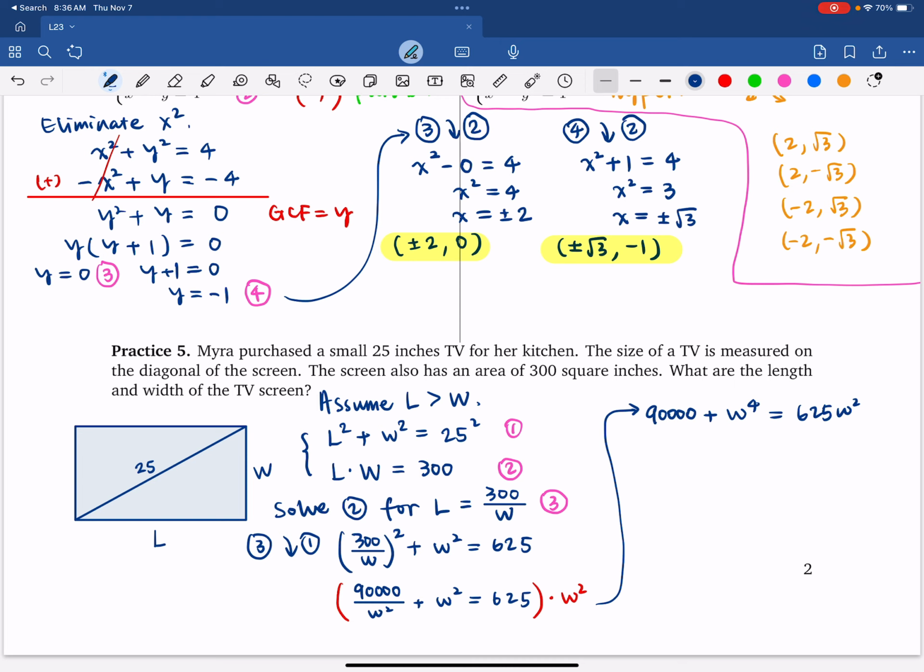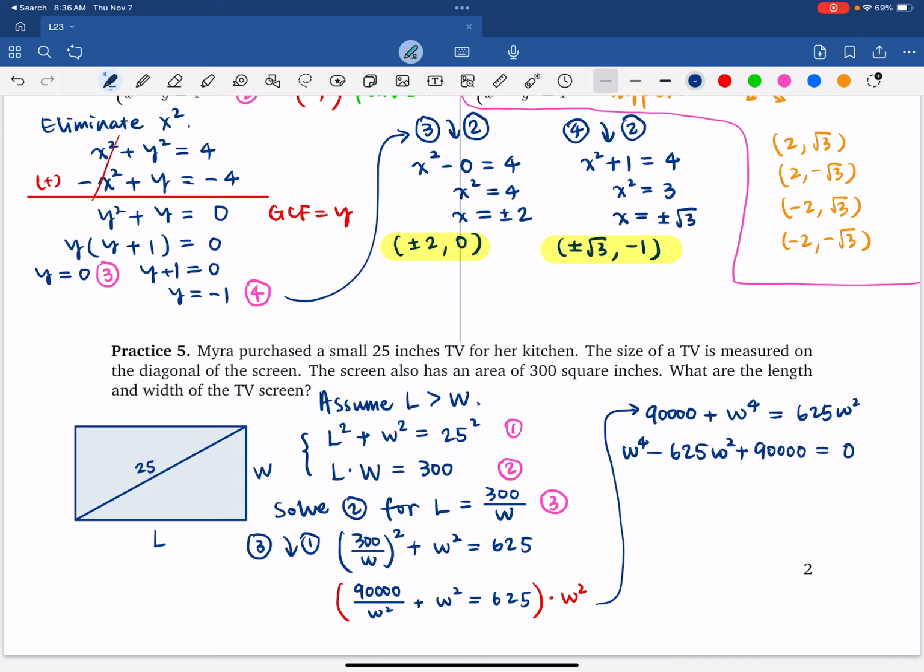Okay, and then we're going to reorganize this equation. The highest term is 4th degree, and it's positive on the left-hand side. So I'm going to move this to the left-hand side. Subtract 625 W squared from both sides. We have W to the 4th degree minus 625 W squared plus 90,000 equals 0.